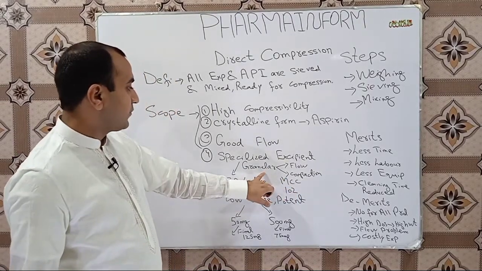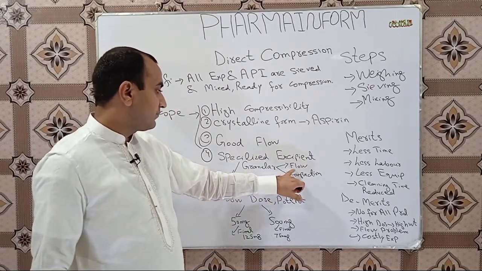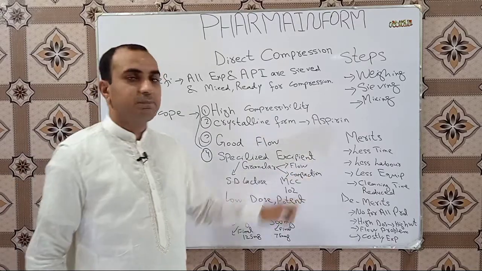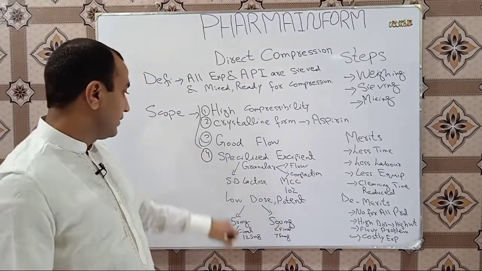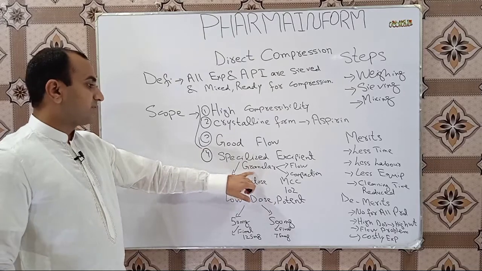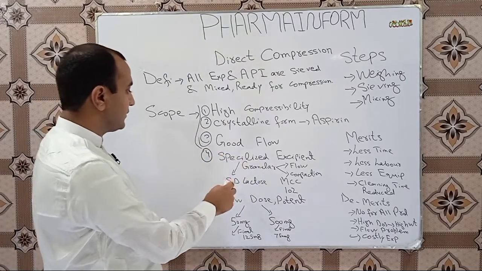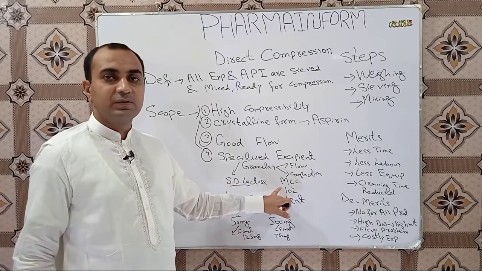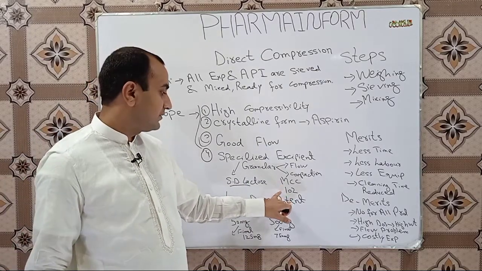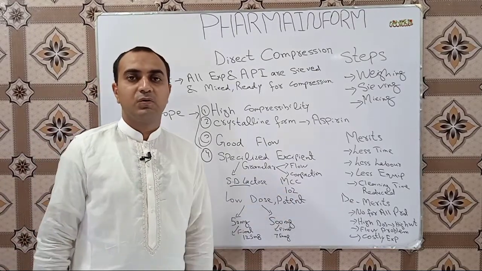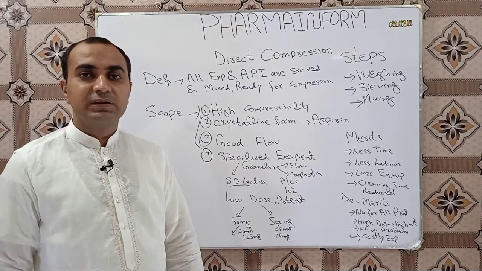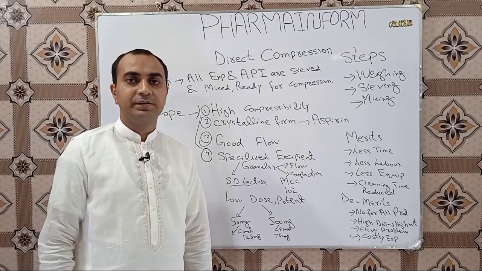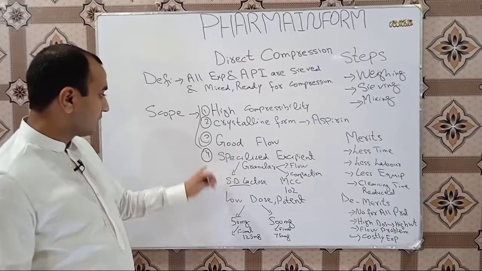These granular type excipients enhance flow as well as compaction properties. For specialized granular excipients, we have spray dried lactose, or we can use microcrystalline cellulose or Avicel grade 102 or 200, which are in granular form and have better compaction properties.